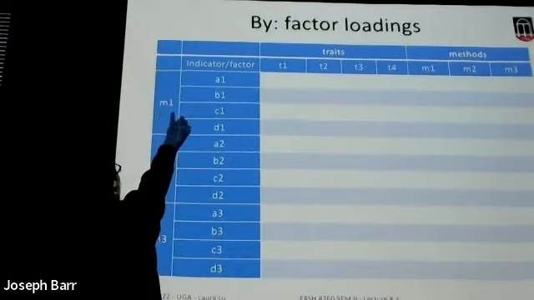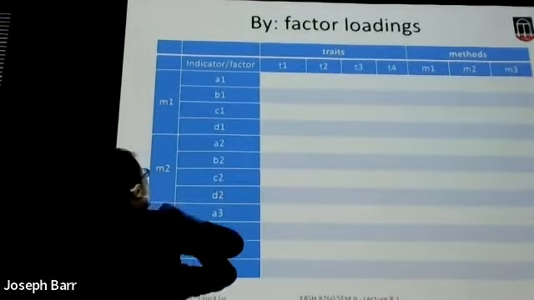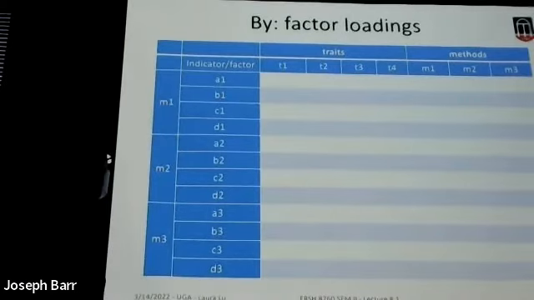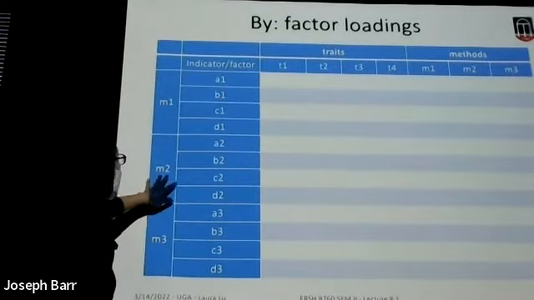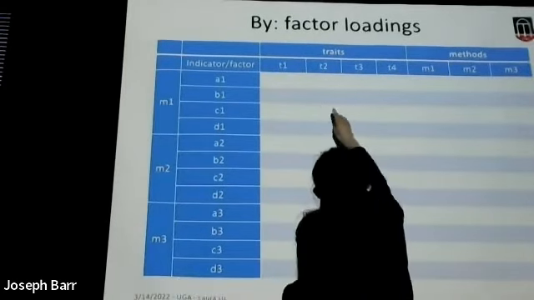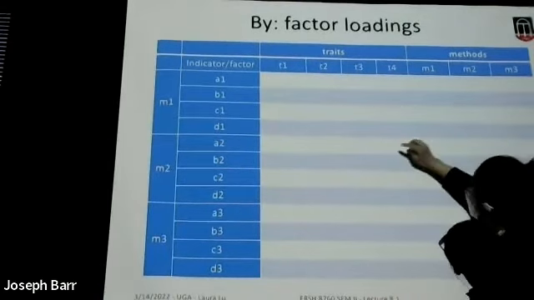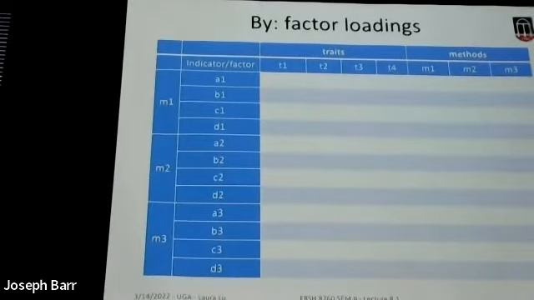Method 1, we have different indicators. Method 2, we have different indicators. Method 3, we have indicators. Traits, we have trait 1, 2, 3, 4, and methods 1, 2, 3. So how to fill out this table?